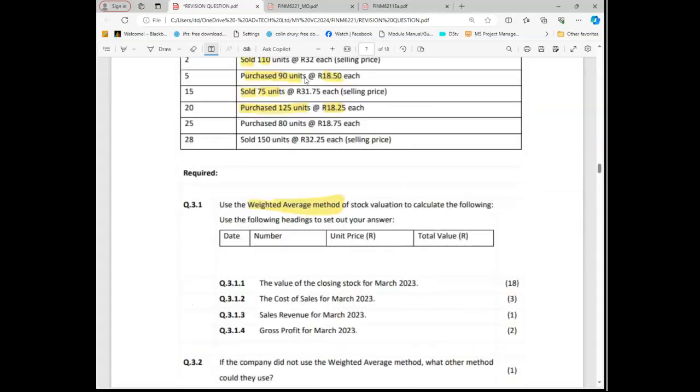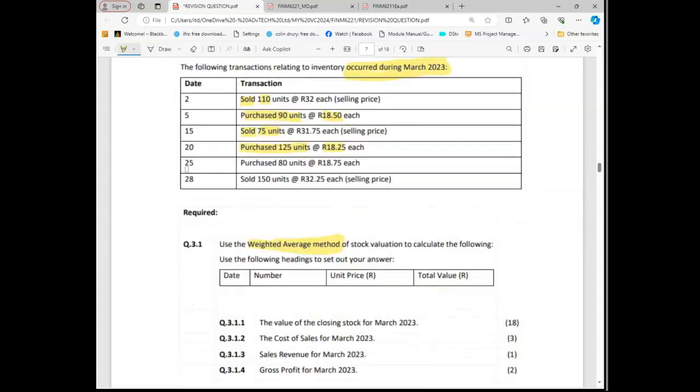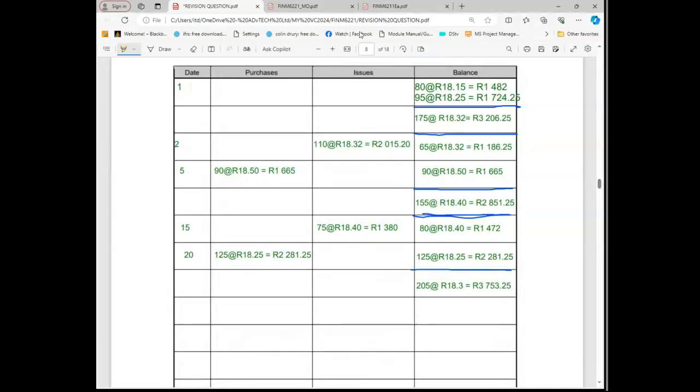Next date is the 25th. Okay, you also bought, so what must I do? You're gonna take 80 units at 18 rand 75 cents and put it under the purchase column.